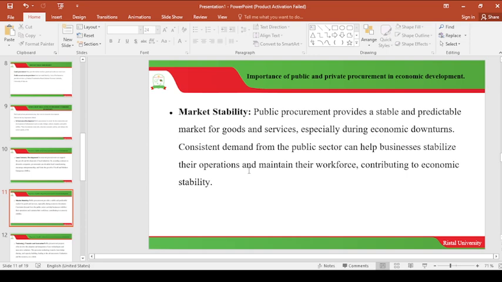Because the government wants to provide consistent services to its people, it creates a market for the private sector. Therefore, the market can be balanced because there will be demand for services and goods in the market.